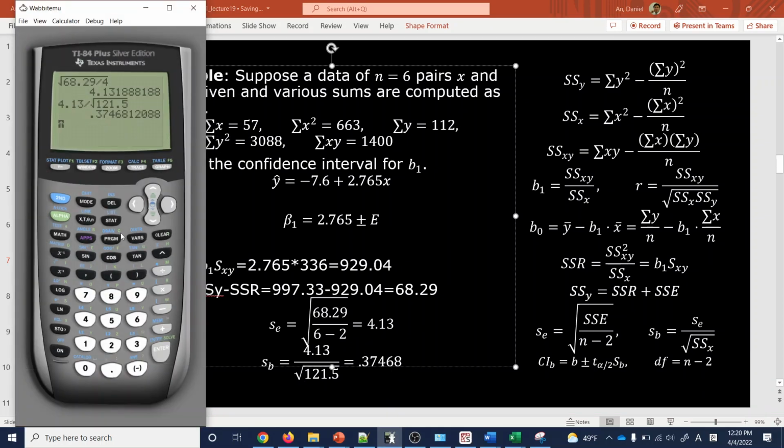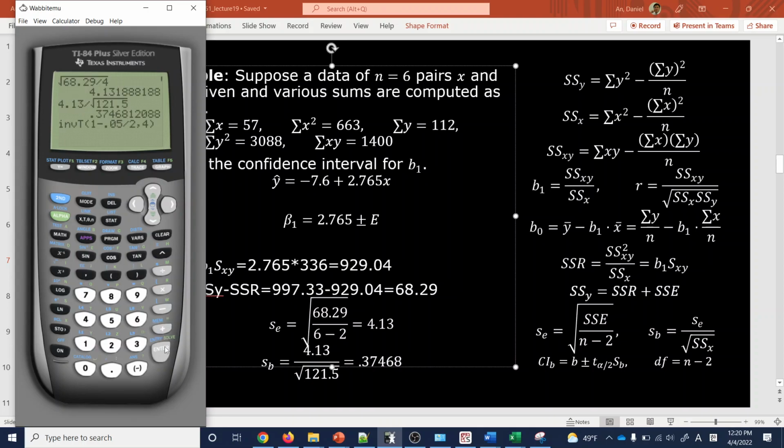So let's do vars, inverse T, and the area I want is 1 minus 0.05 divided by 2. 0.05 is our significance level, you divide it by 2, and the degrees of freedom is 4.